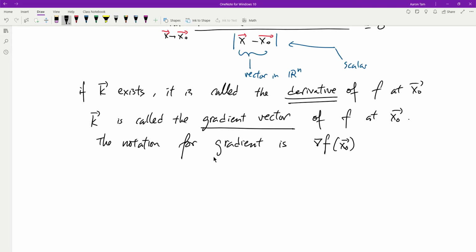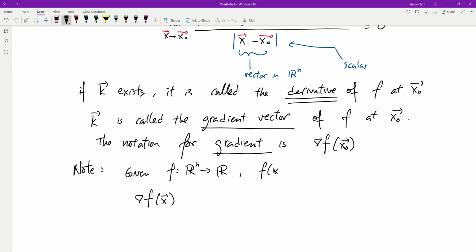All right, now I know that we passed the 30-minute mark, so I'm just going to mention one last thing and that's it. So note, important to understand is the following. Let's say given a function f that maps from Rn to R, this is what we know. Gradient of f, okay, so maybe I would say that f of vector x equals y. So that's how a function looks like. The input is vector x.